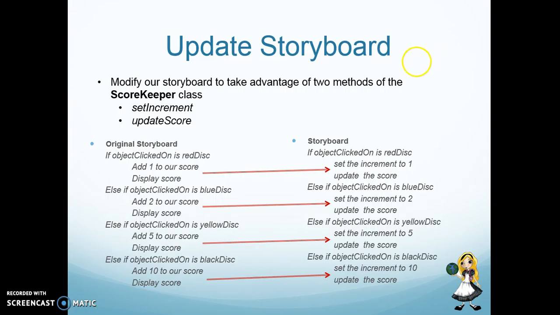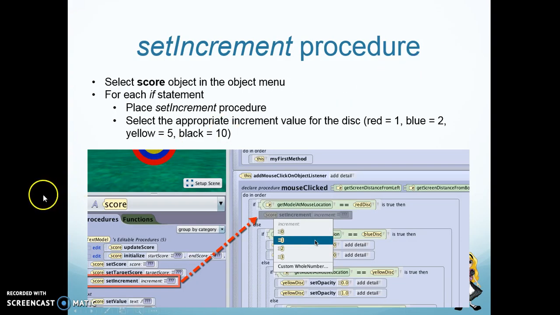And I'll show you both of those in Alice in a second. Okay, so under the scoreboard, and the scoreboard is a text model, you should find the increment procedure, and you would drag it in here, and you'd pick what number you want it to go up by. That's really kind of handy. So the score is letting you change the number, all right?